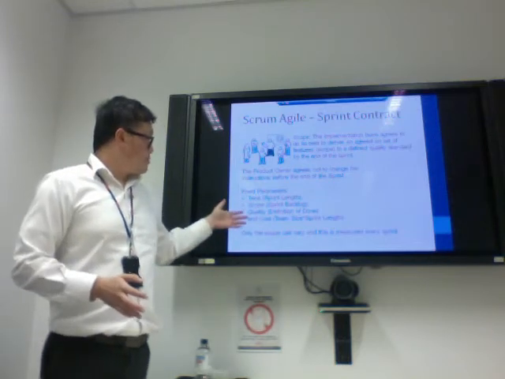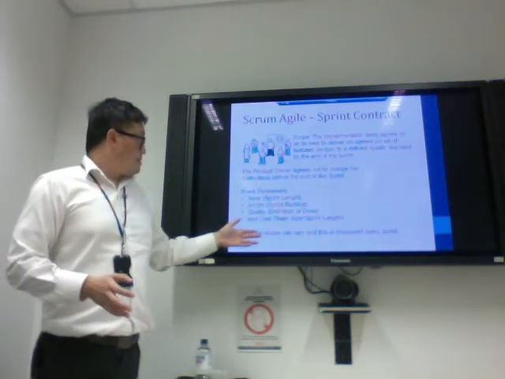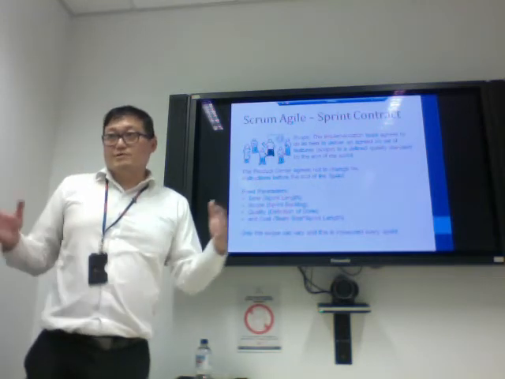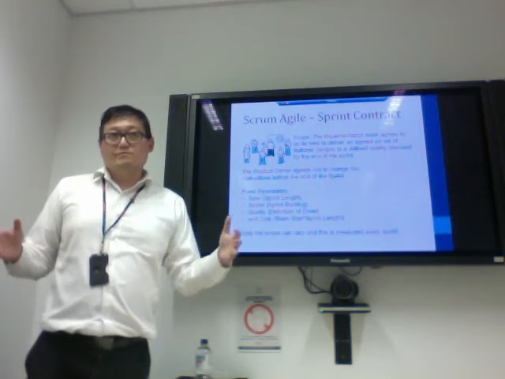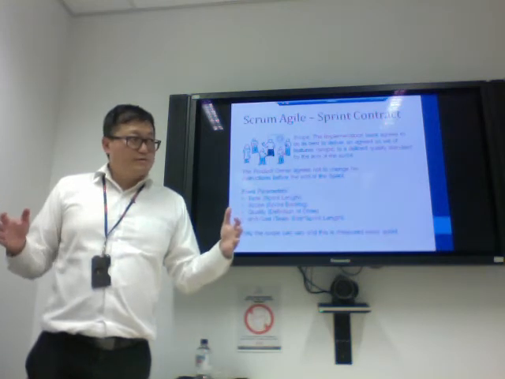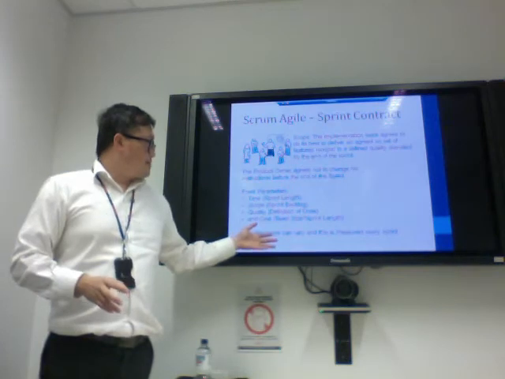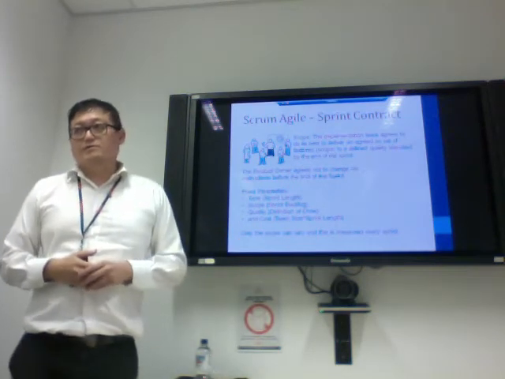All these are agreed upon, and essentially within the sprint contract there will be an agreement on how much work is to be done by the team, and, what's really important, the priority items to be taken from the product backlog to be worked on, which defines the scope for a particular sprint.